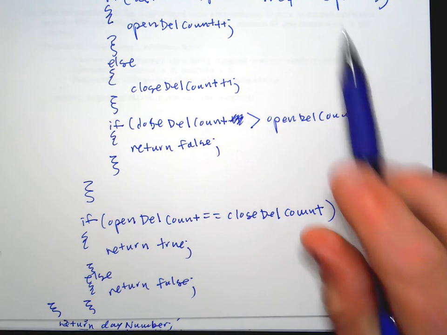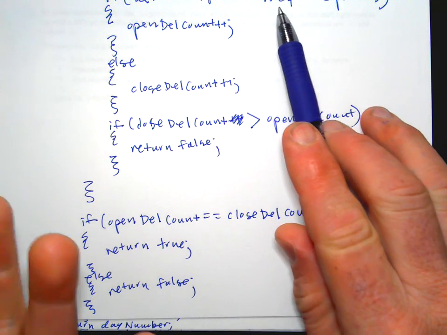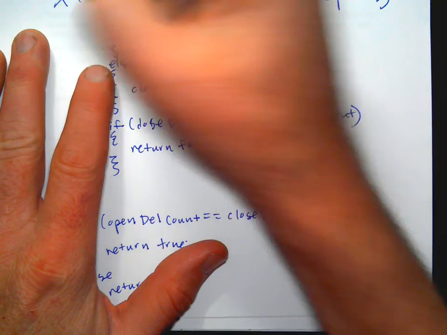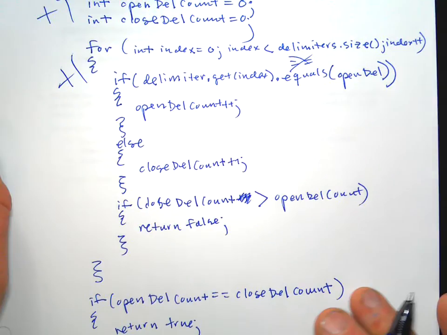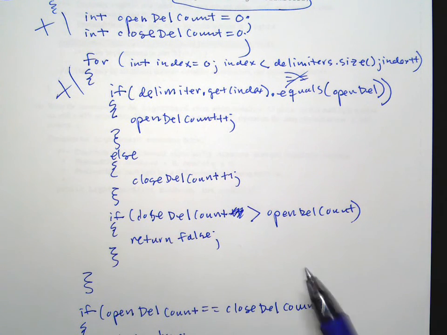Now, if you made the mistake of treating this like an array earlier instead of array list, you'd lose points probably one time. But you get 1 point for the counters, 1 point for accessing all elements of the array list without a bounds error, which is just calling get index, even if you're not doing the right stuff with it. You get a point for comparing strings in delimiters with instance variables.